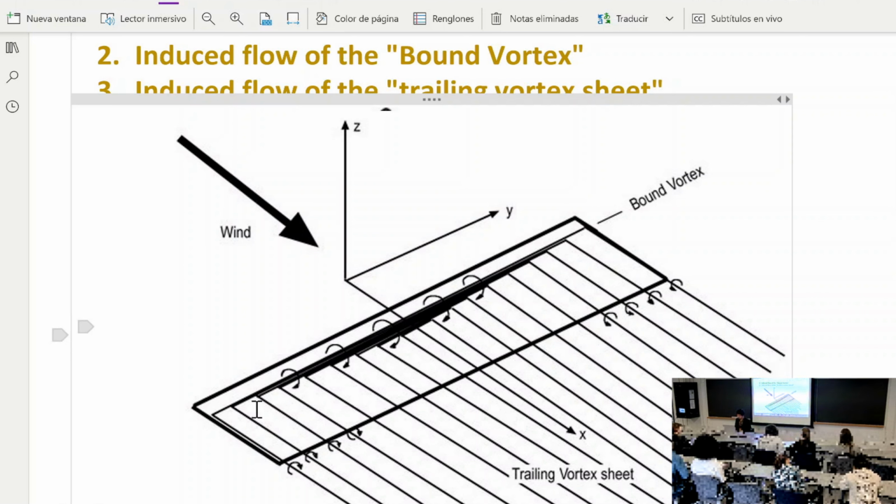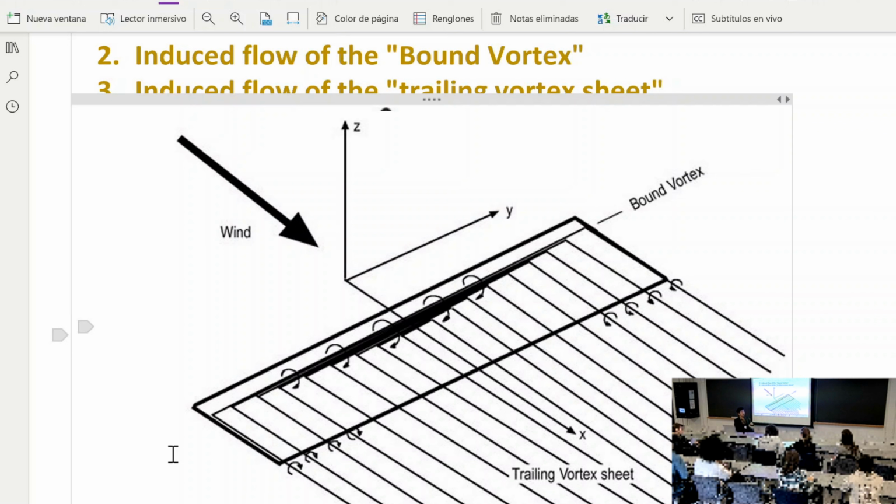If you look at the effect of all the vortices on the wing itself, on the quarter chord of the wing, you can calculate how much the induced flow modifies the free stream seen by the individual cross sections of the wing. So the free stream seen by the airplane actually differs from the free stream seen by the individual cross sections of the wing, exactly because of the induced flow from all the vortices, right?